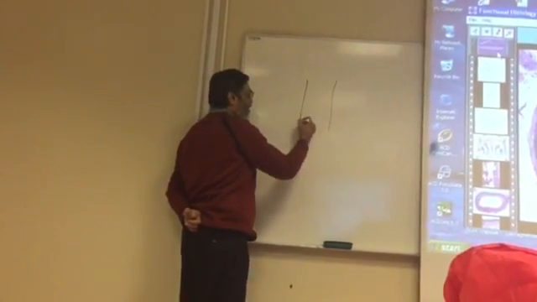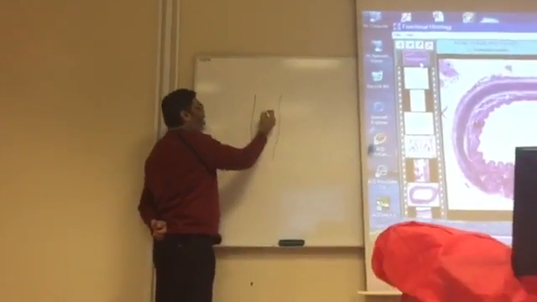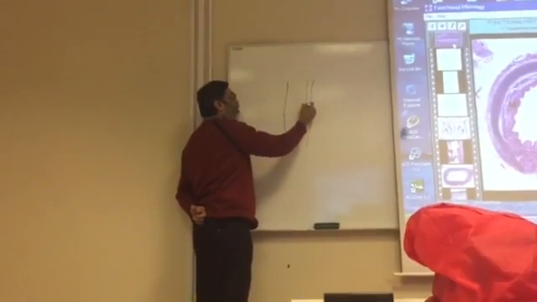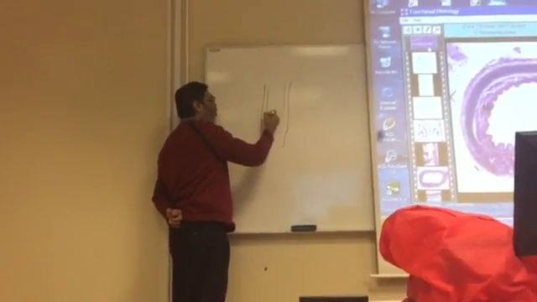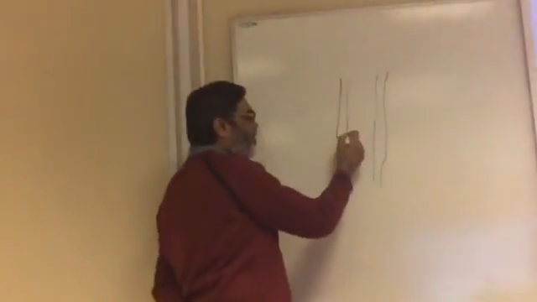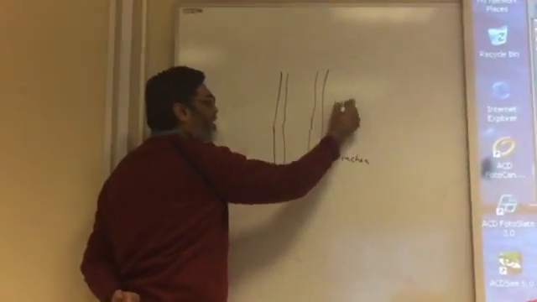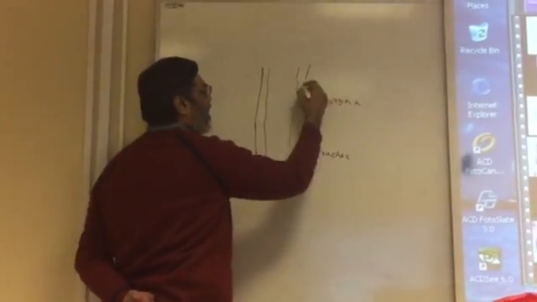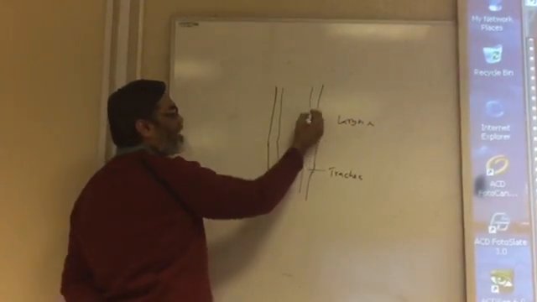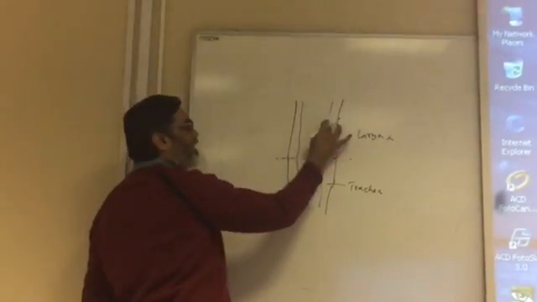Lower down it continues with the trachea. This is the wall of the larynx, and the wall of the larynx continues with the wall of the trachea, but let's say up to here is the larynx.